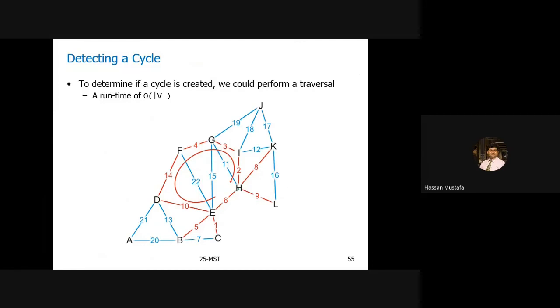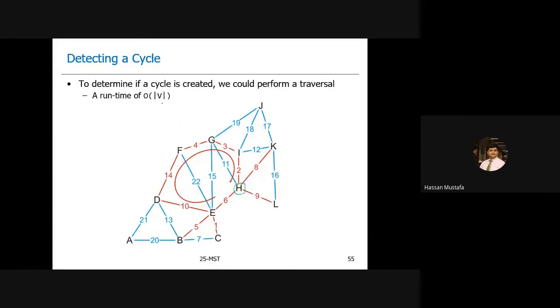If there is a cycle, what I would have is that any of the nodes would be repeated in that traversal. We saw in the previous lecture that in a breadth first or a depth first traversal, there are times that we need to detect if a node is already visited or not. And if a node is already visited, we know that a cycle is there. So we just need to perform a traversal to detect a cycle.